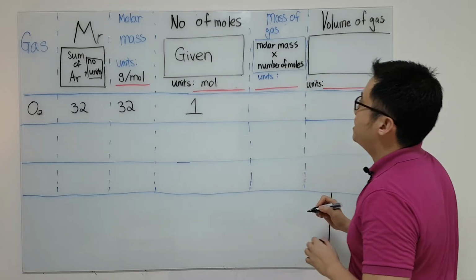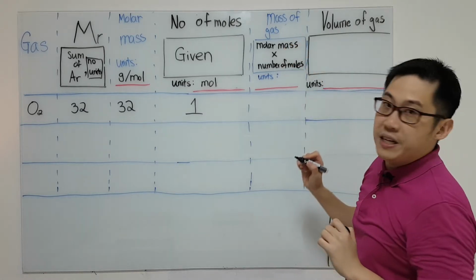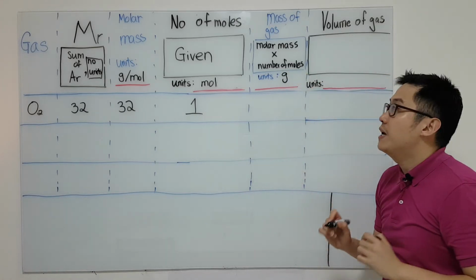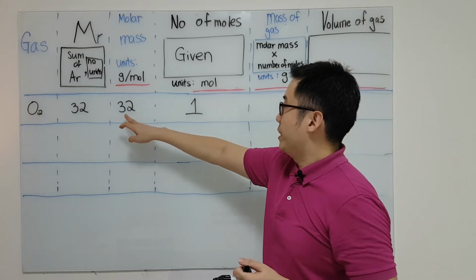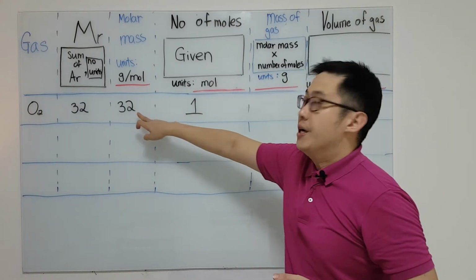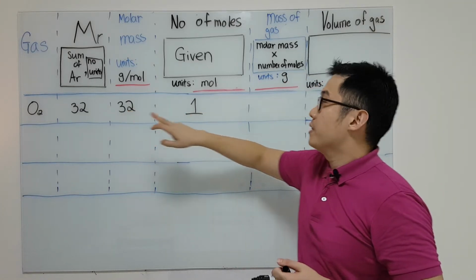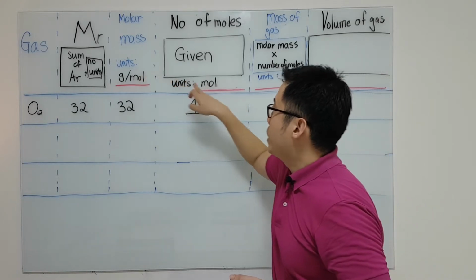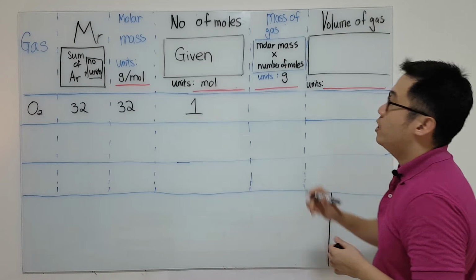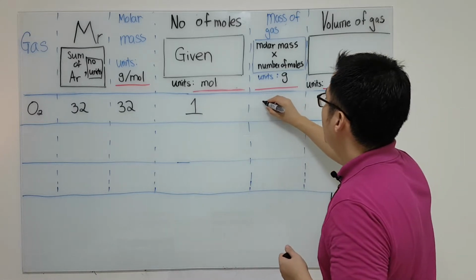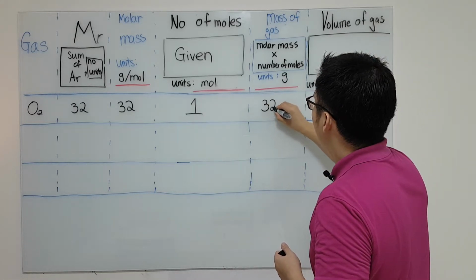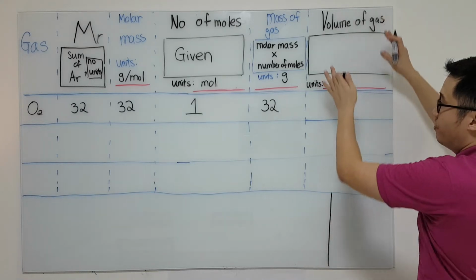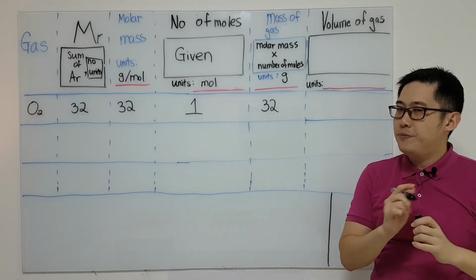The mass of the gas has the unit gram. If you take 32 times 1, the mole will cancel out, leaving only grams, and in this case it would be 32 grams. Now, let us leave this column empty first.